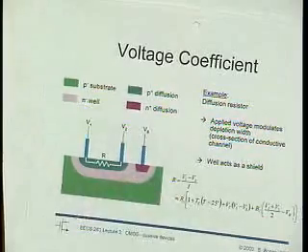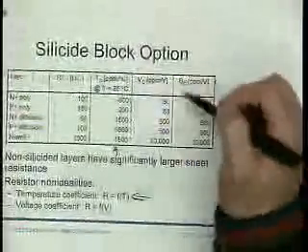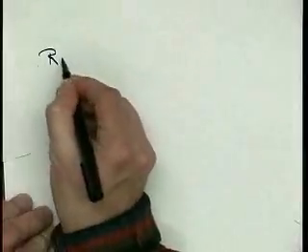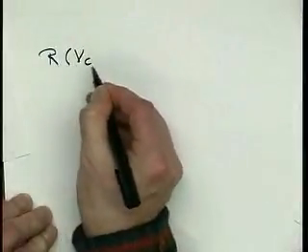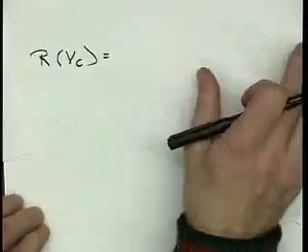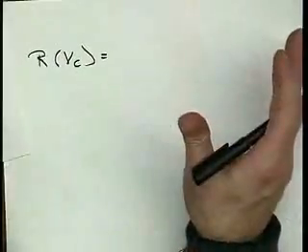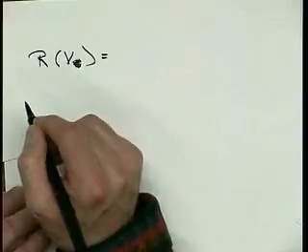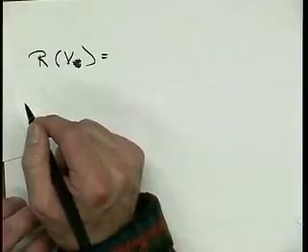So if we get a voltage coefficient, well, we can hire someone or go ourselves to the lab and figure out what the voltage coefficient is for all of these devices. Then we have again a similar equation as for the temperature. Now it's R of V. How do I call this V?